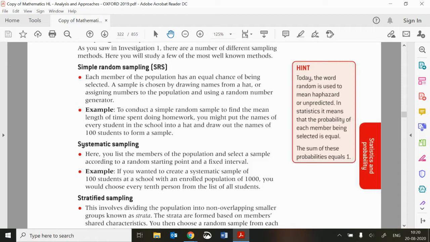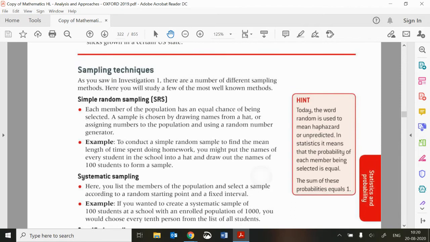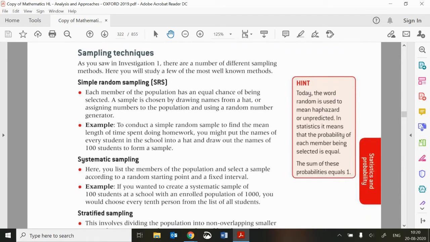You're going to draw names from a hat, if you like. Example: to conduct a simple random sample to find the mean length of time spent doing homework, you might put the names of every student in the school into a hat and draw the names of 100 students to form a sample. Now you've got to think about the pros and cons. Generally this is a really good method of sampling, but sometimes it can be quite difficult to access certain people.